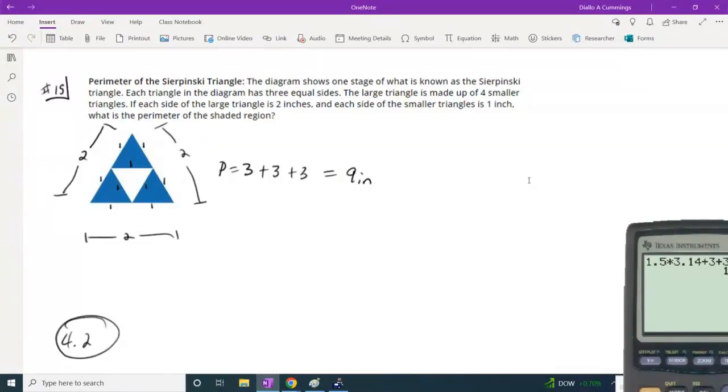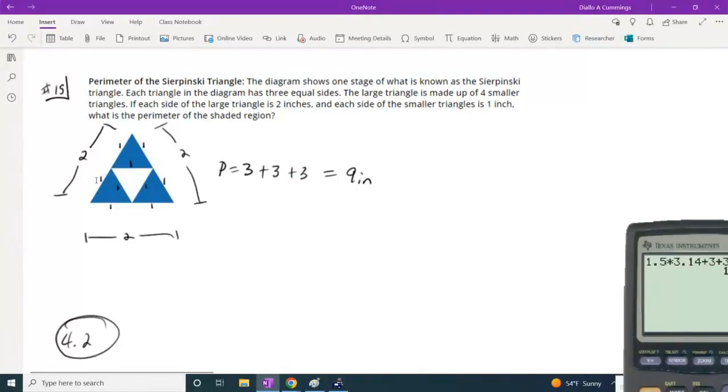I thought the perimeter was on the outside. Well, it is. I'm probably just looking into it too deeply, but the first time I did it also, I was like, what are they really asking? But if you look at this first triangle, because it's shaded, and it says that each side of the smaller triangle is 1 inch, I could find the perimeter for this triangle, which would be 3 inches.